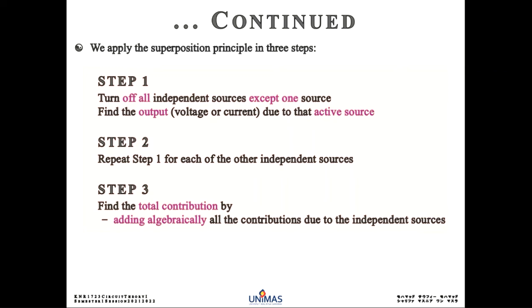The next one, okay, on, all the other off, and then the next one, let's say source 1 on, others off, source 2 on, others off, source 3 on, others off, and so on, until all the sources have been used, been analyzed, and then find the total contribution by adding algebraically all the contributions of the independent sources. So you have all the values due to each of the sources, and then you sum them up together.